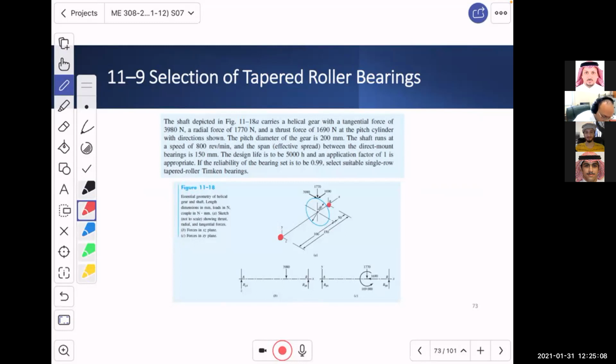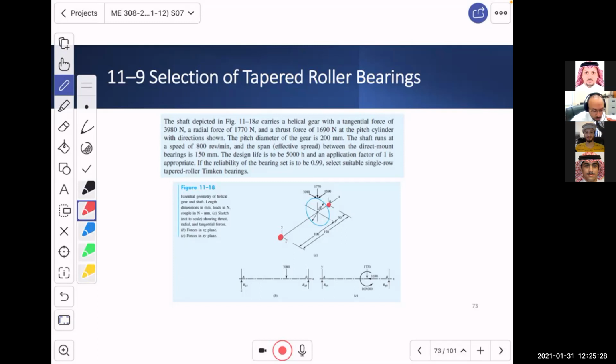And we have a helical gear. We are going to have one full chapter for helical gear and worm gear and so on.